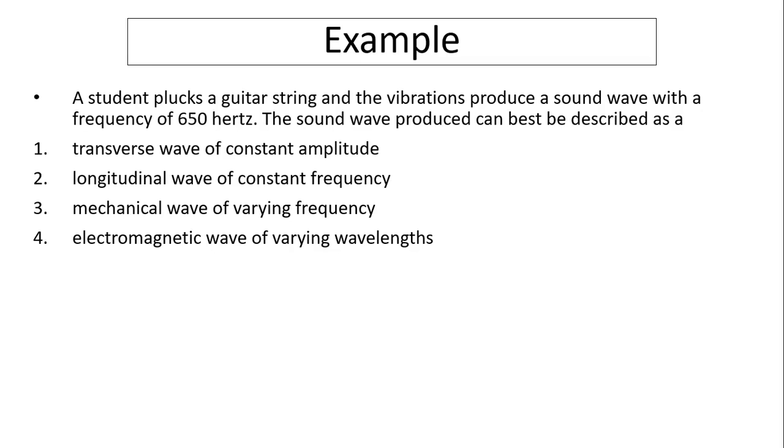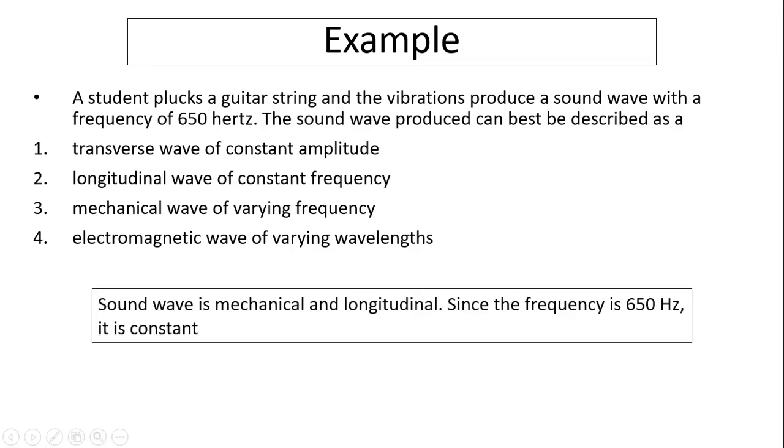Or an electromagnetic wave of varying wavelength? We've learned sound wave is mechanical and longitudinal, so it can only be two of three. The other one is, is the frequency constant or is it varying? We said the frequency is 650 Hertz. 650 is a constant, so the answer is 2.